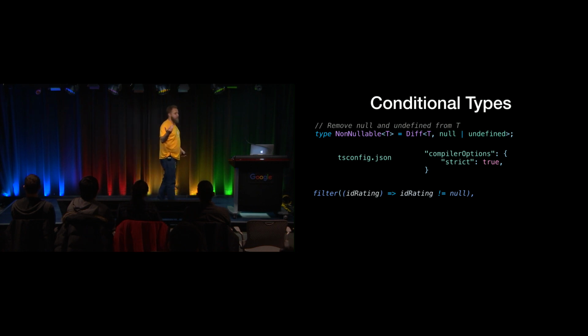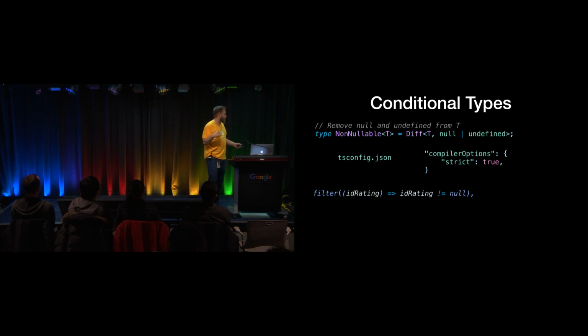In theory, if we use this operator in our operator chain, it should know that ID rating can no longer be null or undefined. However, in the previous version of RxJS, they weren't typing that, so we had to type it ourselves and help this filter function.